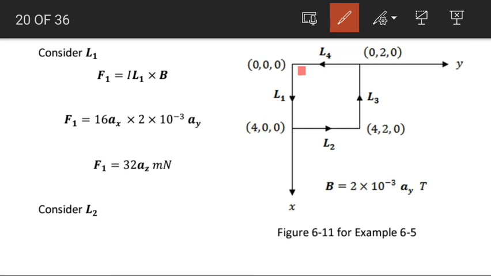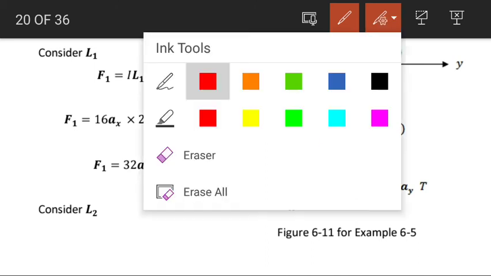Well, we consider L1. So the force which is experienced by L1 will be equal to IL1 cross B. We put the values in this particular equation.